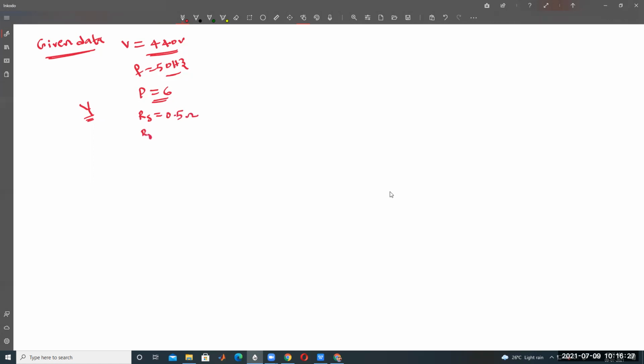Okay, let us assume RR dash. Generally R2 dash or RR dash. So what may it be? How much? 0.4 ohms. Okay, good. And then XS, that is also equal to XR dash, I think, 1.2 ohms. And then XM, magnetizing reactance, how much? 50 ohms.